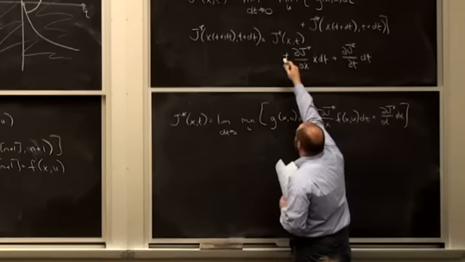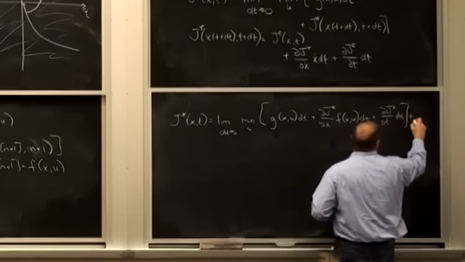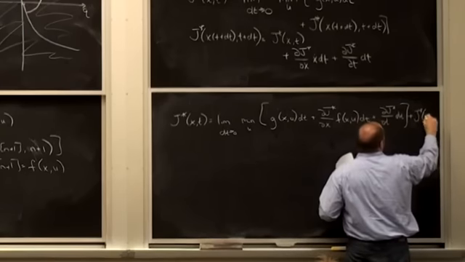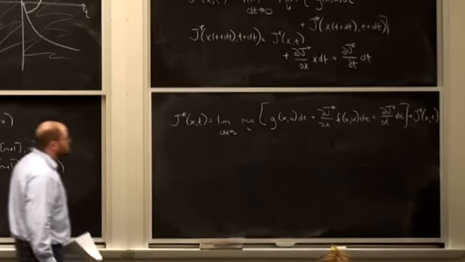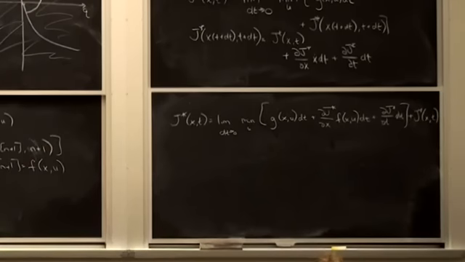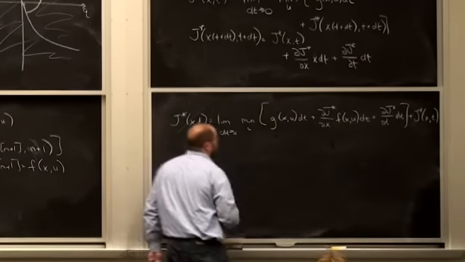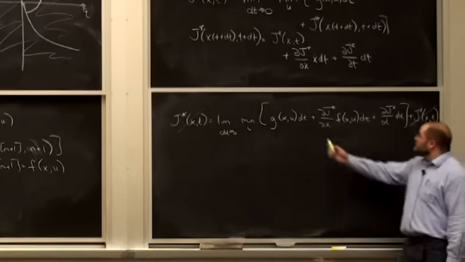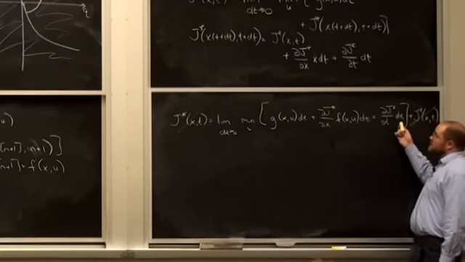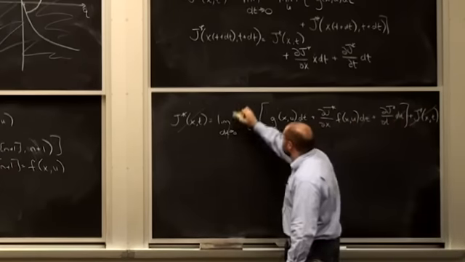Now I left off that J of x there because that actually doesn't depend on u, so I'm going to put that outside here, plus J of x, t. Those guys cancel. And now I've got a dt everywhere, so I can actually take that out and my limiting argument goes away.